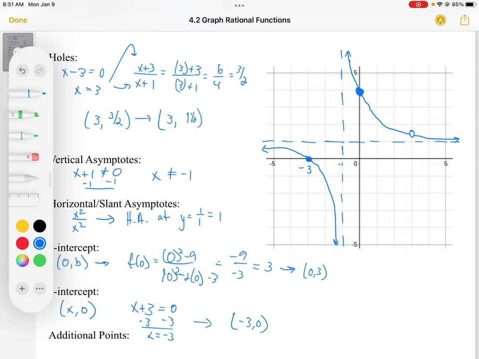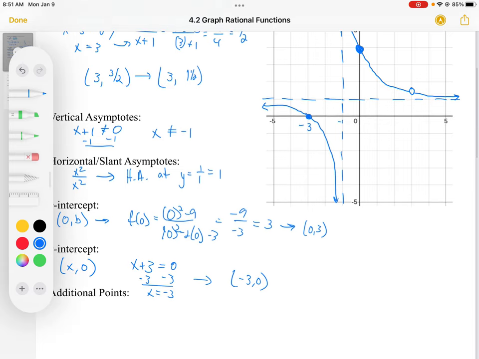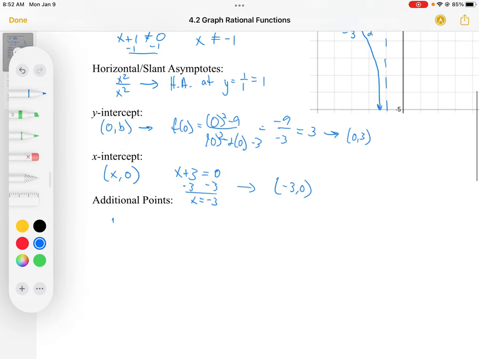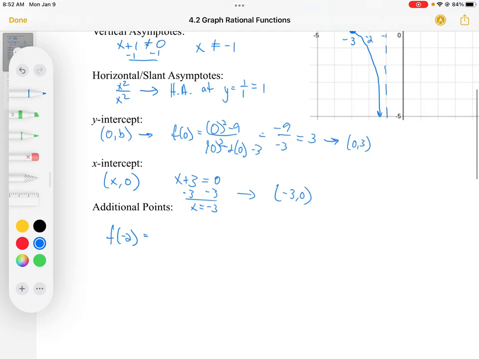I'm going to find one other point. I'm going to look for the point when x is -2. So let's plug -2 into this function and see what we get. We get (-2 squared minus 9) over ((-2 squared) minus 2 times -2 minus 3). If we do the math here, we get -5 in the numerator and 5 in the denominator.